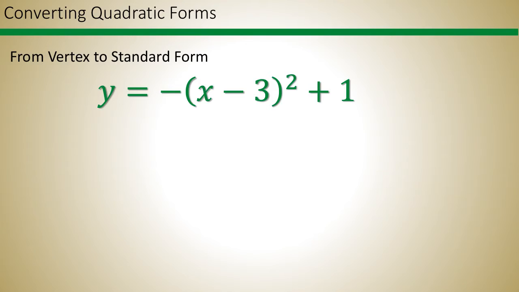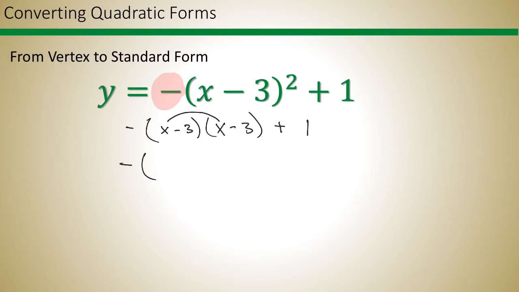So here's another example. This time, notice that we have a negative sign in front of it. So when I FOIL, I'm going to leave my result in parentheses. So x minus 3 times x minus 3 plus 1. All right, so let's distribute this thing out.